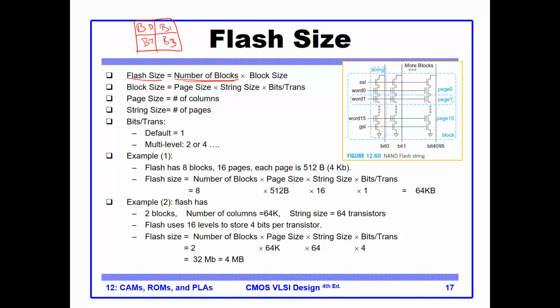What's the block size? The block size equals the page size, which is the width, times the string size, which is the length, times bits per transistor or bits per cell. And this is by default 1, unless you are told otherwise in the assignment or the exam.